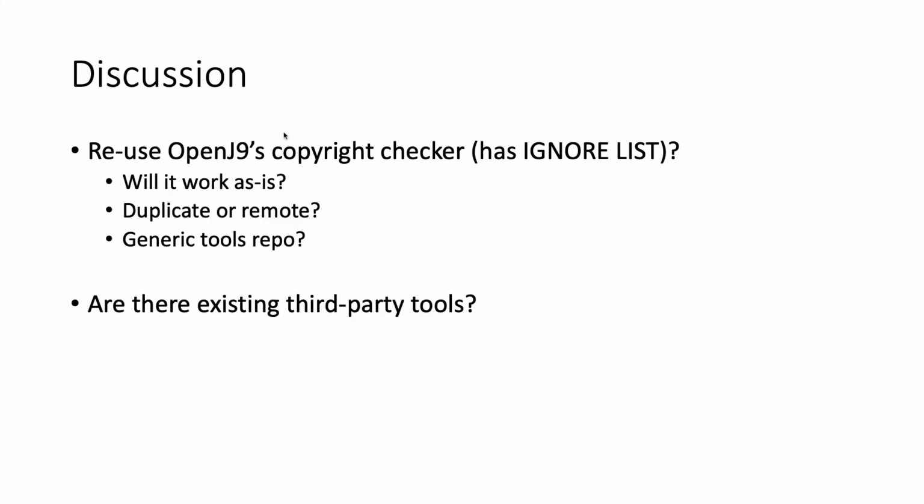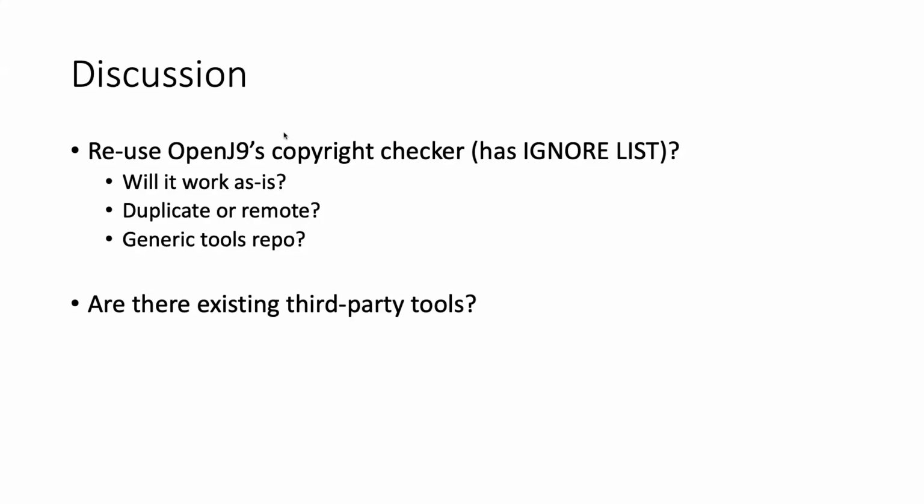So I agree with Daryl and Keith. It doesn't sound like something that's going to change very frequently, so we should just copy it. Same license, so there's no issue copying stuff between the two projects. What is the ignore list of those files that do not have a copyright? So those are the files that don't get checked.